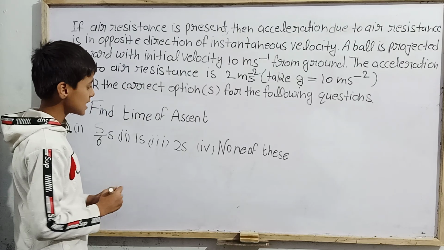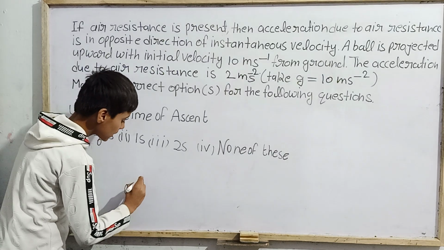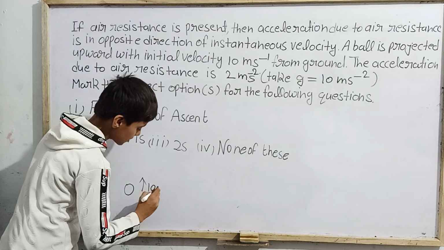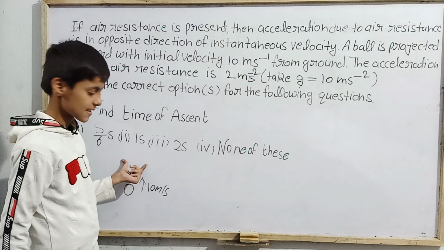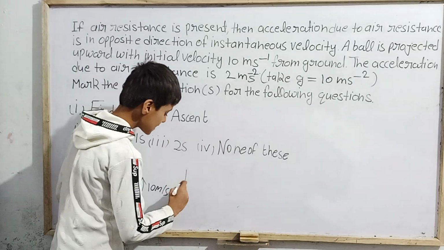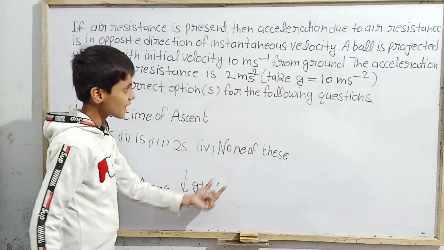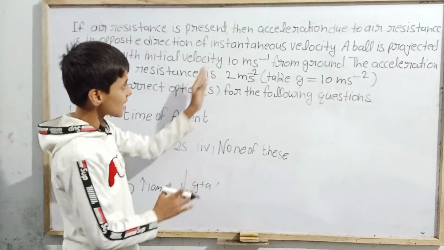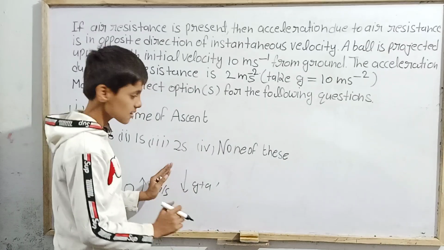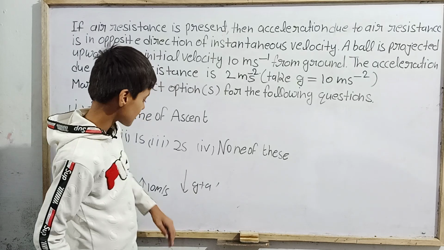First of all, what is given? Imagine we have a ball and we are throwing it vertically upwards with 10 meters per second. Air resistance is taken into account, which means here there will be g plus a dash acceleration, where a dash is the air resistance acceleration. Its direction is opposite to the direction of instantaneous velocity.